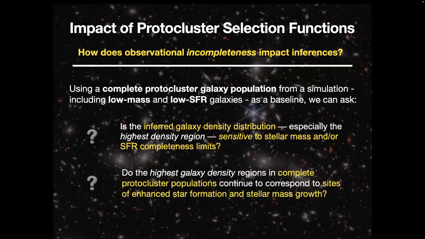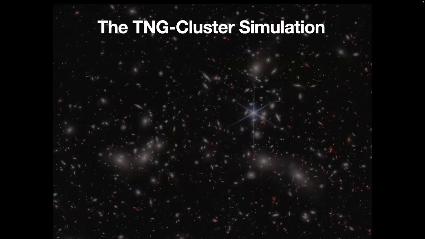And then the second question is, does the highest galaxy density region in these more complete protocluster populations from a simulation continue to correspond to sites of enhanced star formation and stellar mass growth? So these claims of accelerated galaxy evolution in the overdense regions, how is that sensitive to the observational selection biases of the protocluster sample?